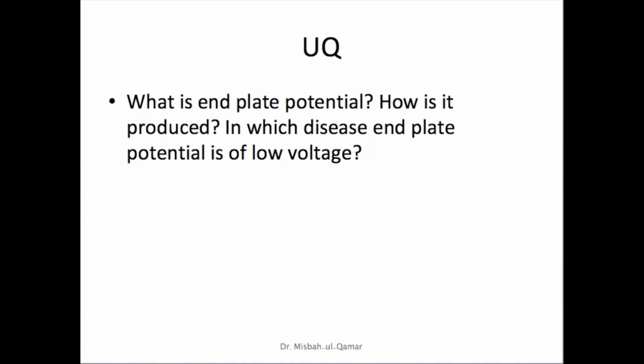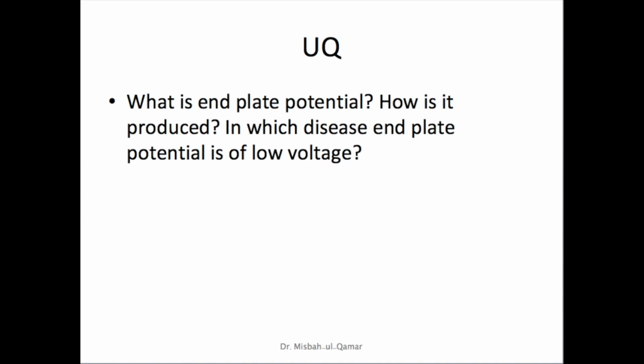Now, end plate potential or generator potential is the depolarization of skeletal muscle fibers caused by the neurotransmitters binding to the postsynaptic membrane in the neuromuscular junction. It initiates and propagates muscle action potential.